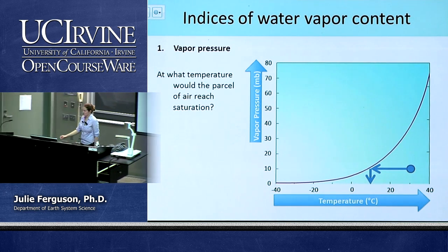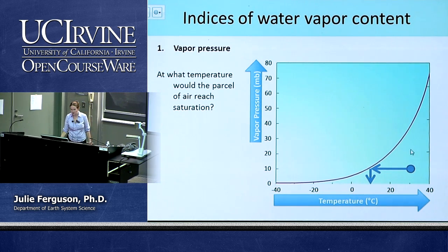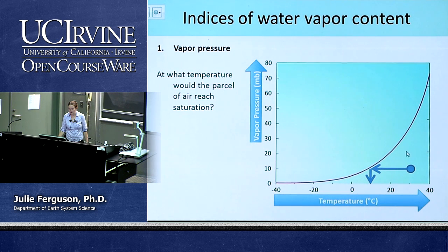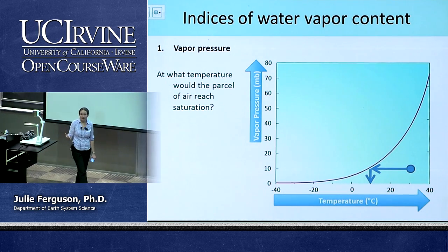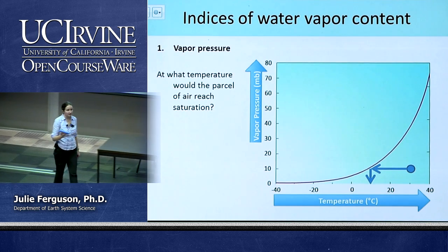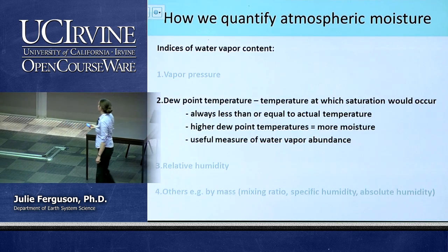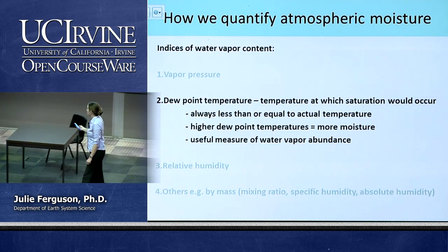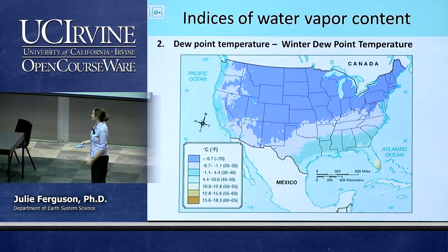If my air parcel instead started at 20 millibars, I'd again just follow along until I hit that red line, and then I read down, and it's about 20 degrees. So the more moisture there is, the higher the vapor pressure, the higher that dew point temperature will be. And it's a nice measure because we can plot maps of it quite nicely. So it's a very useful measure of water vapor abundance.